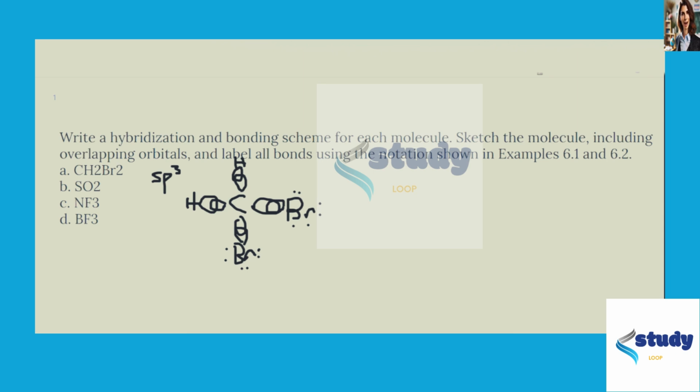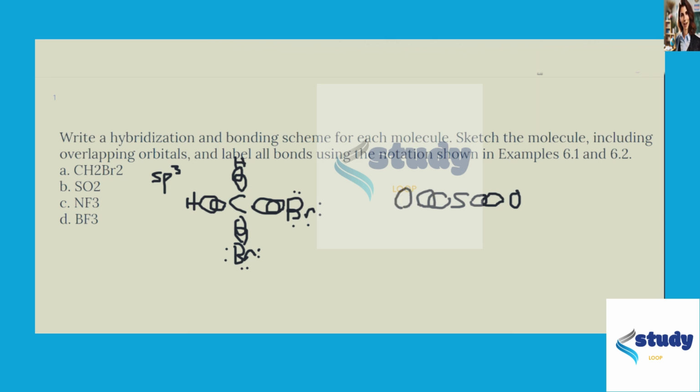For SO2, sulfur is one of those special molecules. It can obey the octet rule, but it doesn't have to. So sulfur has 6 electrons in its valence shell. So we could draw it as it had 1 bond to each oxygen and then a full octet.